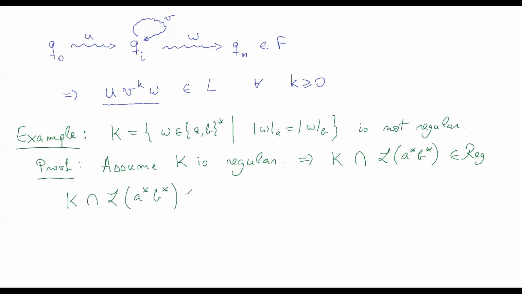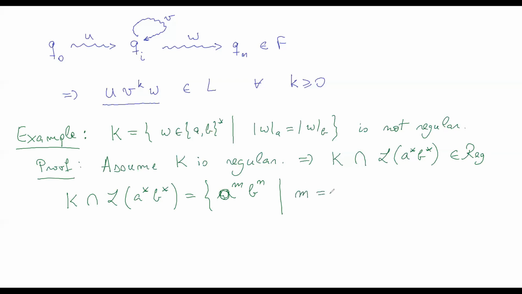So obviously, these are words of the type, maybe I'm just writing, because it's A star B star, it's got to be A to the power M, B to the power N. So a number of A's followed by a number of B's. But also it's got to be in K. So the number of A's and B's has to be equal.